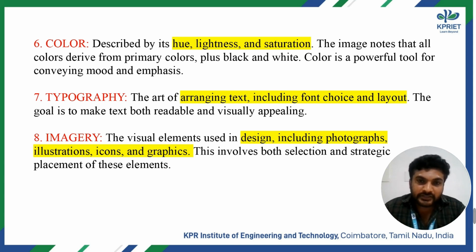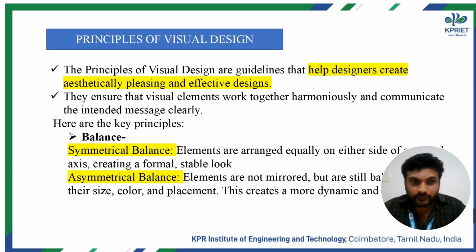Typography. It's the art of arranging text, including font size and layouts. The goal is to make text both readable and visually appealing. Imagery. These are visual images used in design, including photographs, illustrations, icons, and graphics, and it includes both the selection and strategic placement of these elements.